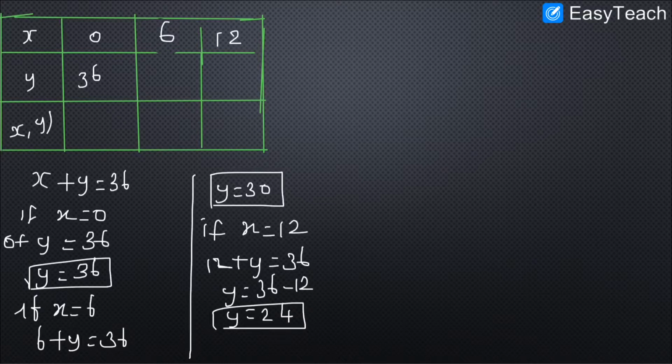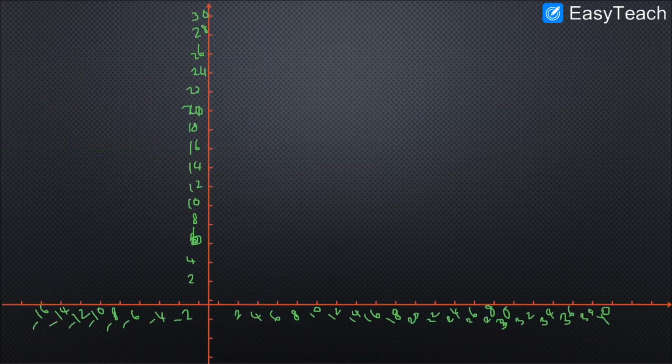The vertices are (0, 36), (6, 30) and (12, 24). Let's mark the points.